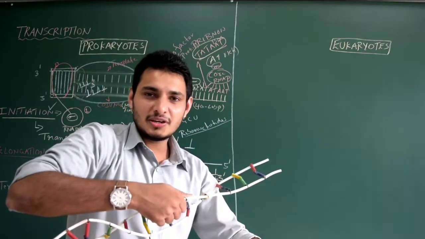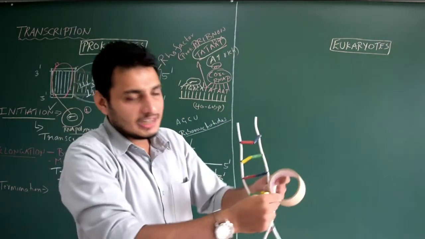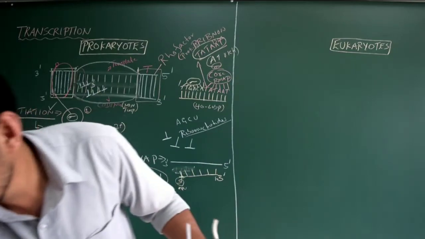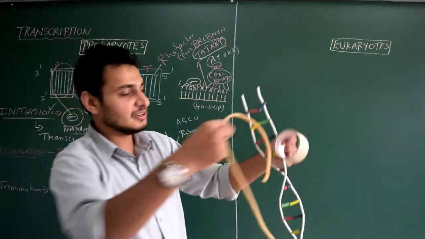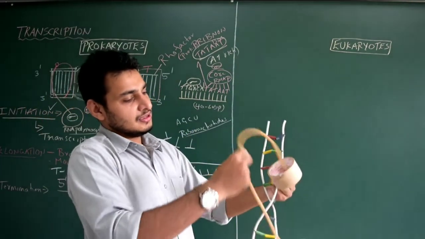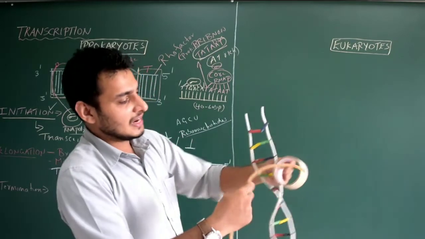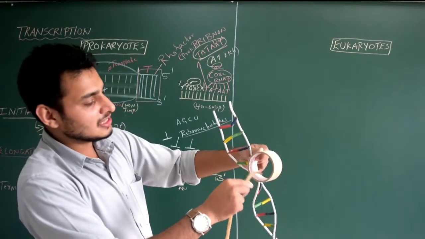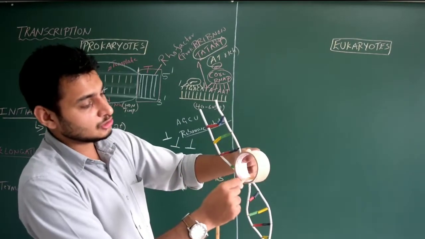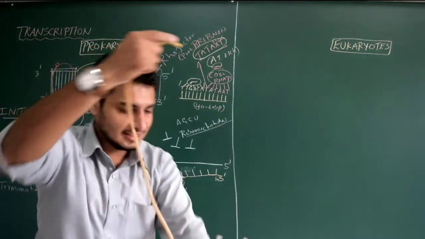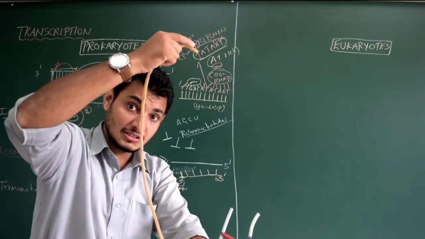When the RNA polymerase is detached, along with it there is a long chain. What is that long chain? This is now the RNA. So RNA is attached. This side, attached to the ribonucleotide bound to the RNA polymerase, is 3', and this side, where the new ribonucleotide is, is 5'.